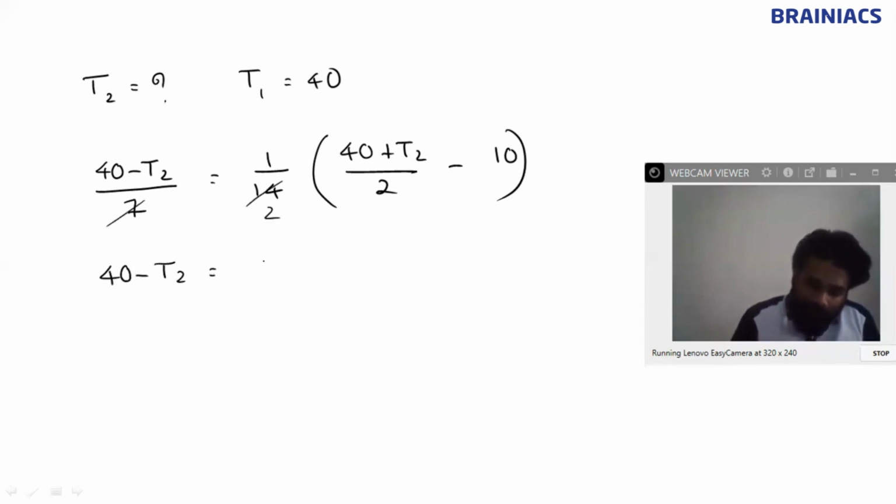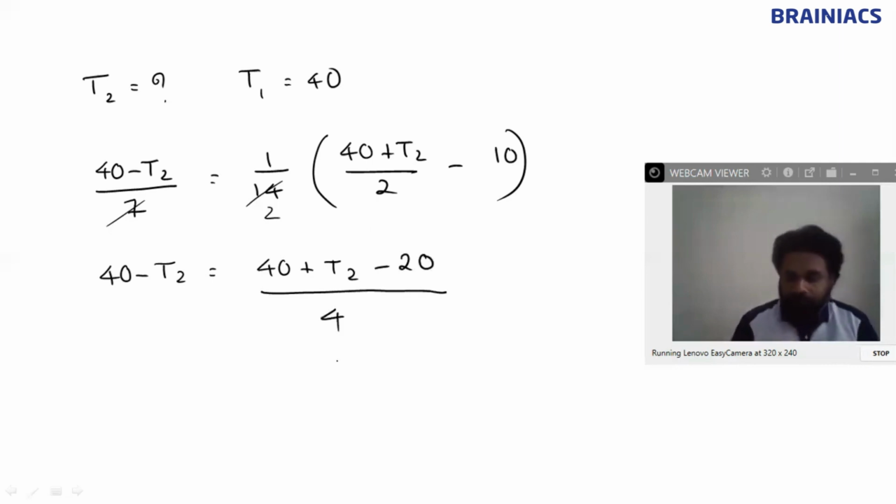Now 40 minus T2 is equal to, if we multiply this 2 inside, this will become 4 here, 10 by 2 is 5, so minus 20, and this divided by 4.